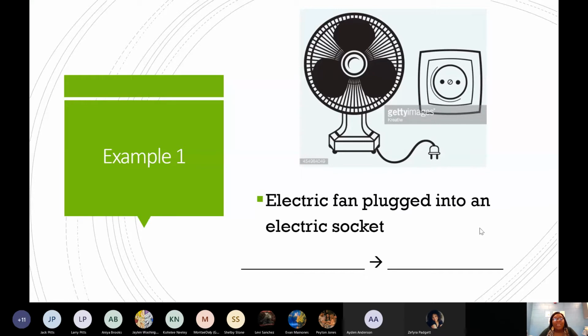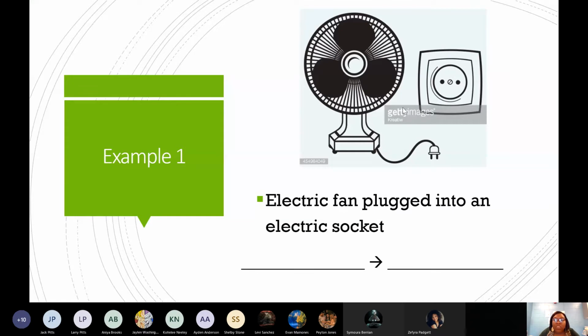So guys, what energy transformations are we seeing here? Someone can cut on their mic and let me know. What energy transformation are we seeing first here? Electric. Very good. Electrical is the first type of energy that's going to come here in our first blank because that power is coming from that electric socket.